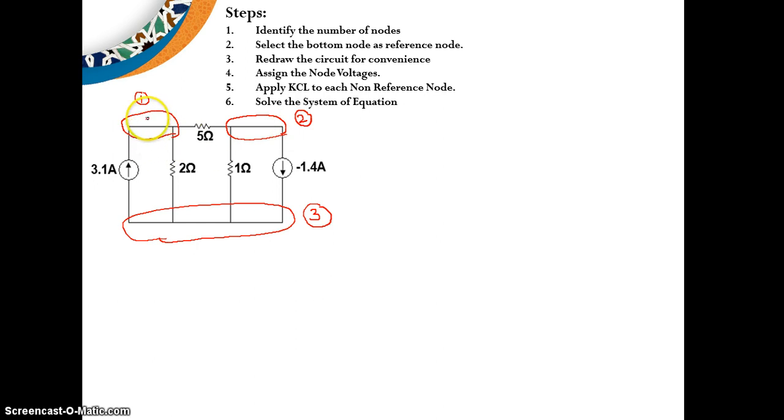First node, I mark it here, this is node 1. Now the second node, this is node 2. Now this is node 3. I mark these in the nodal diagram, and now I am drawing the nodal diagram.